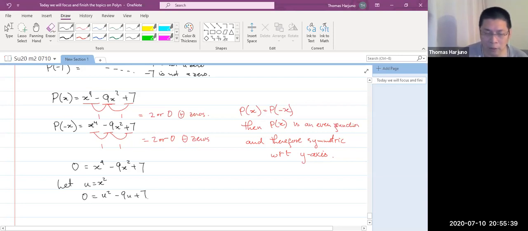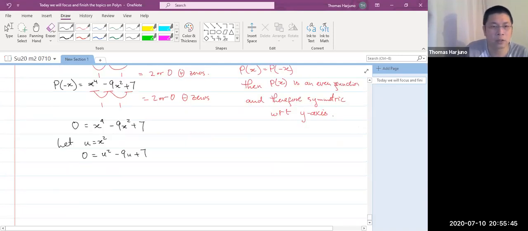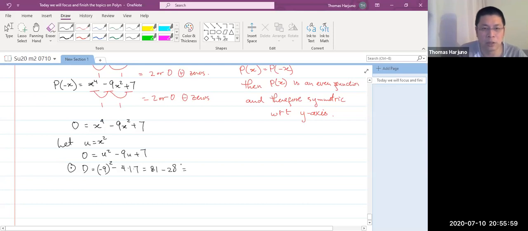It won't be factorable. If you look at the discriminant here, it's b squared minus 4ac. That's 81 minus 28. What's that? 53. That's 53.